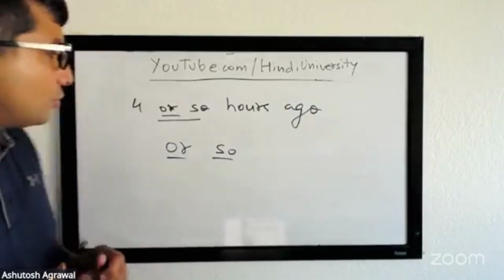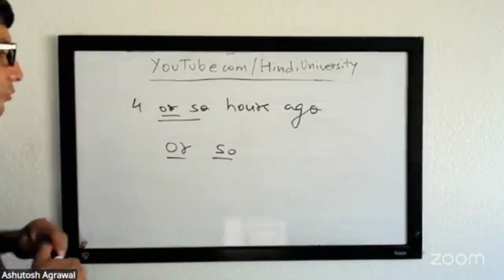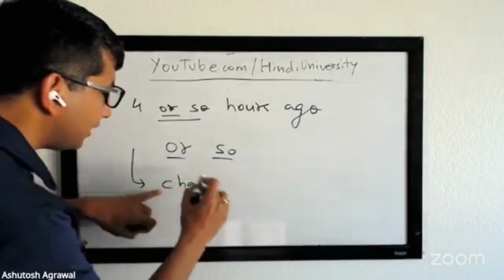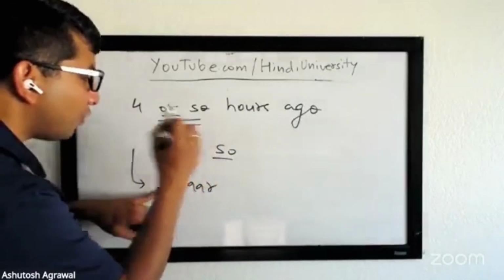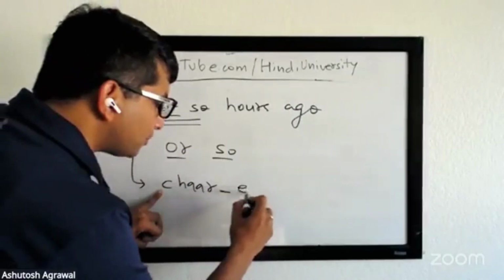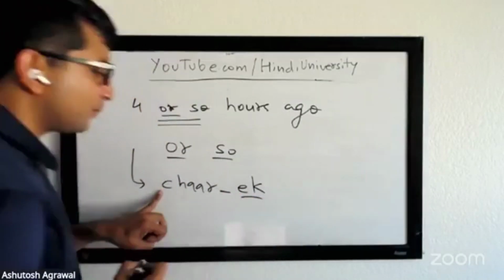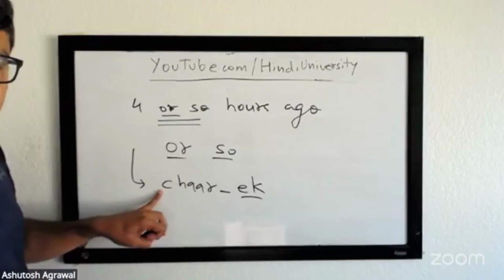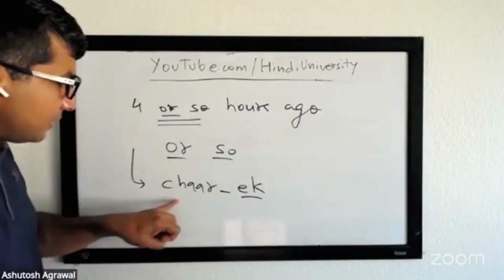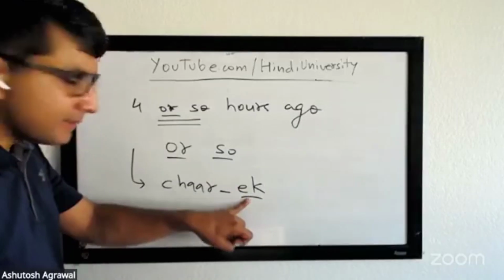Okay, so you already know what is 4 in Hindi? Chaar, very good. Whenever you have a notion of or so, what you do is you put ek next to the cardinal number. So 4 is char, you just put ek.